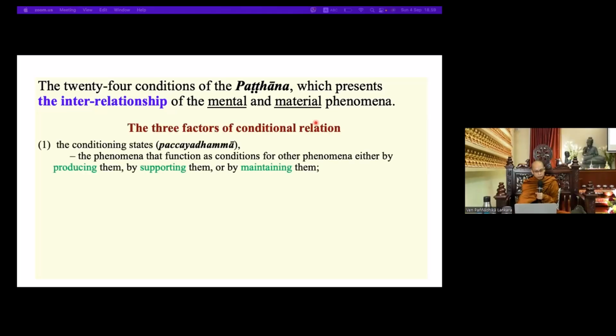Okay, so let's repeat to make sure about the conditional relation here.